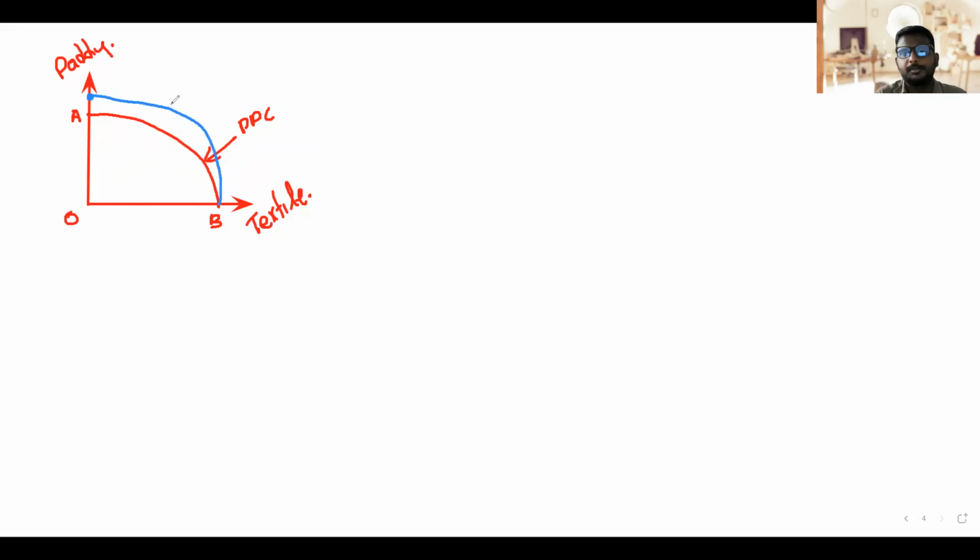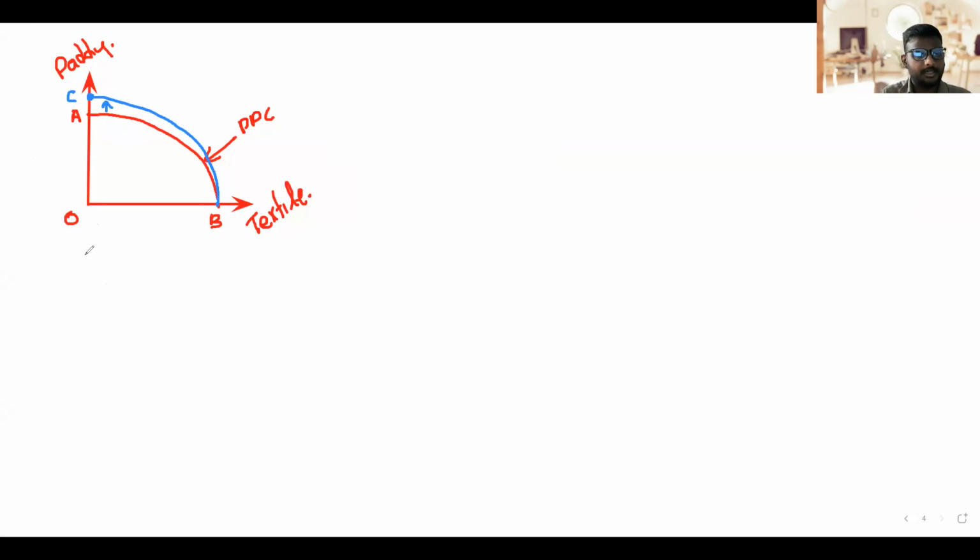You can draw something similar to this, but I believe yours will be a little bit neater. And what this shows is simply, you can see in textile production, there's no increase. That means the maximum textile you can produce is still the same, but you are seeing an increase only on the paddy side. So let's call this C. So as the new fertilizer was put in use, only the paddy side of production will see an increase.